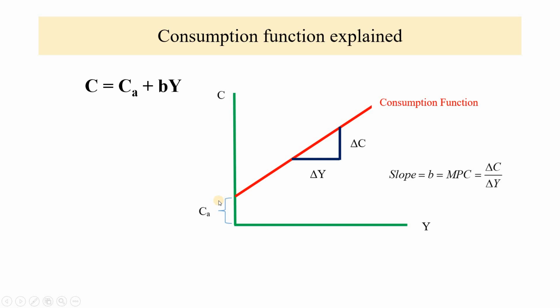So CA is that part of consumption which does not depend on the level of income, and B measures the consumption level which depends on income. And if we want to get the slope, del C by del Y represents the slope of this consumption function. We'll discuss the slope, its value, or measuring the slope in another video.